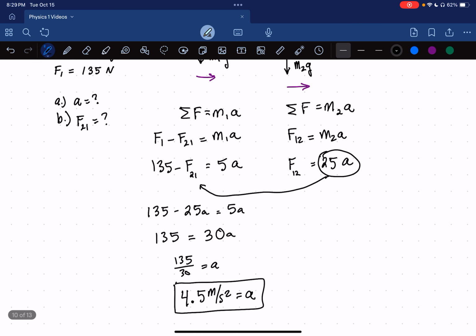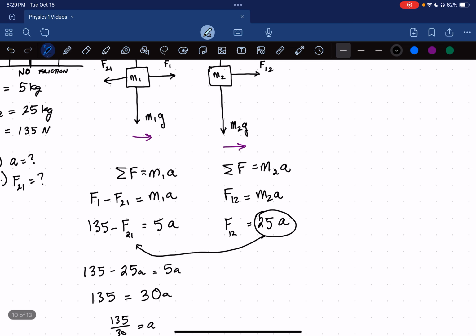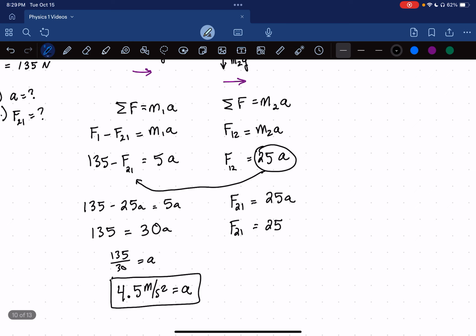And we already have a good expression for this. This one is F12, but that's the same as F21, so I'm just going to rewrite this. F21 is just 25 times a, and we know that a is 4.5, so we can just substitute that, and we will multiply.